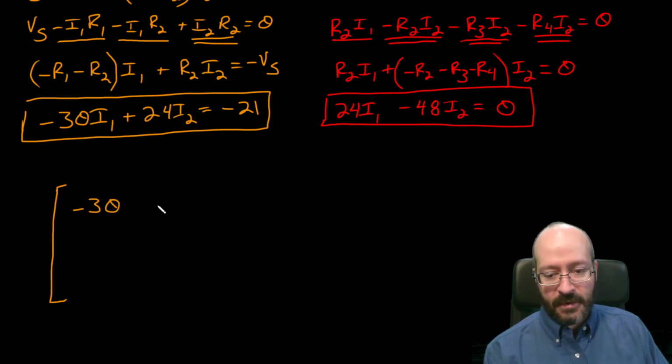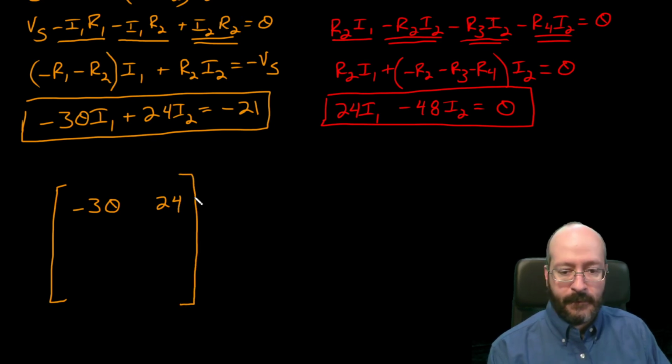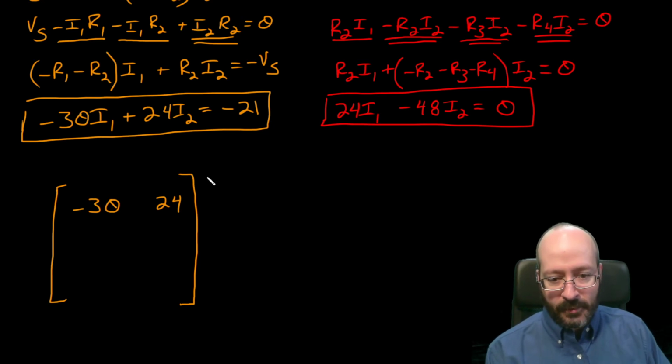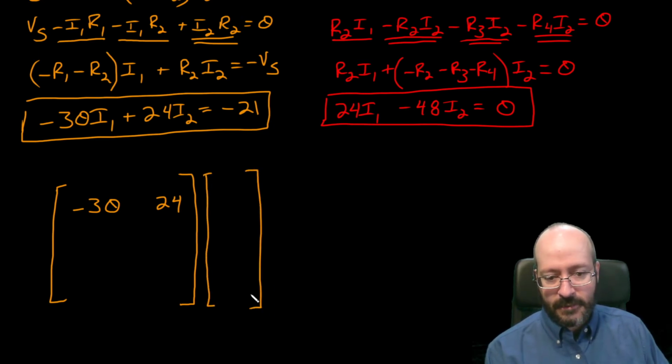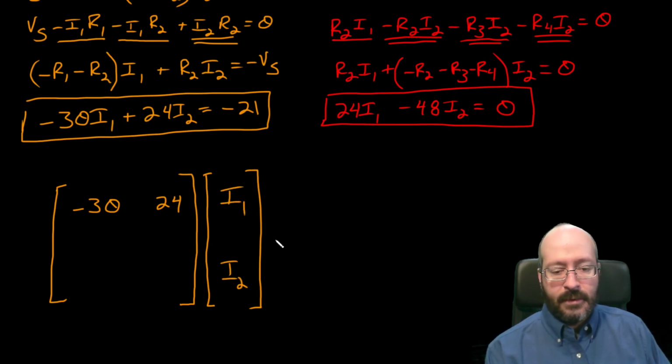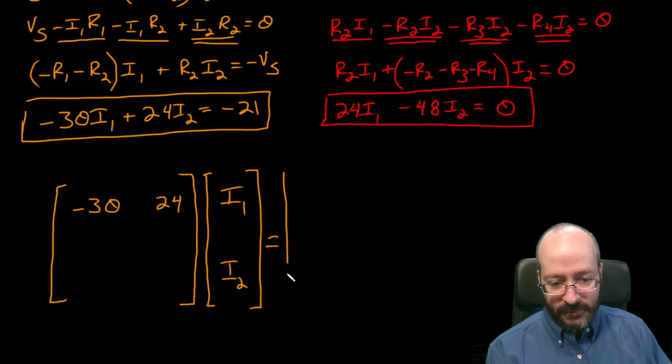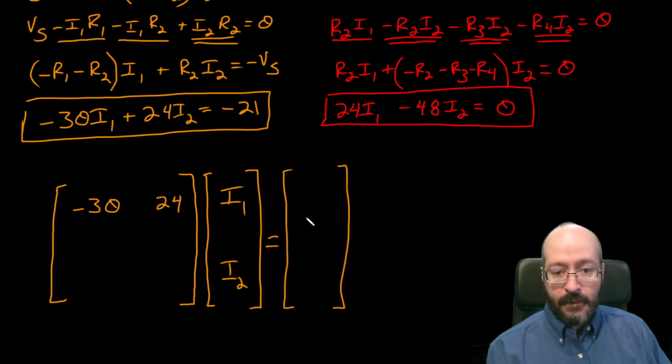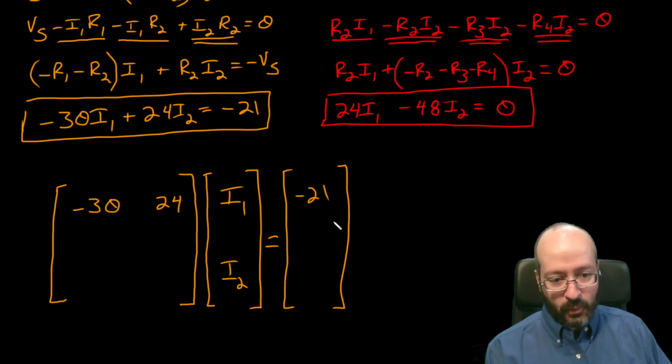The coefficient of I2 is 24. And we're going to multiply this by our vector of unknowns, I1 and I2, and it's going to be equal to whatever's on the right hand side. So this is going to be negative 21.